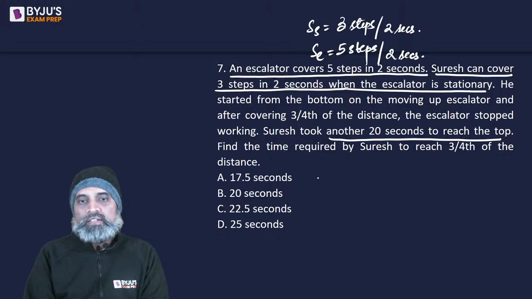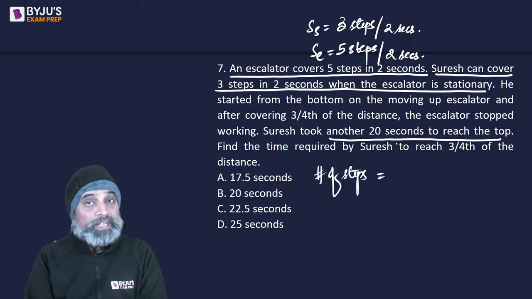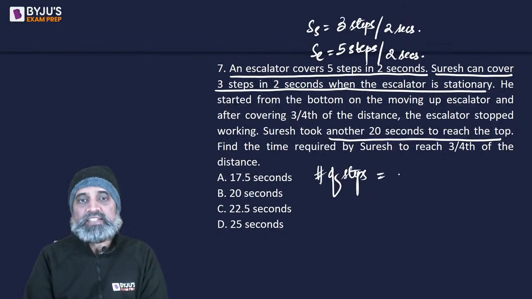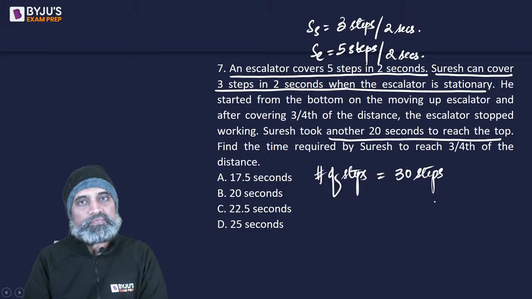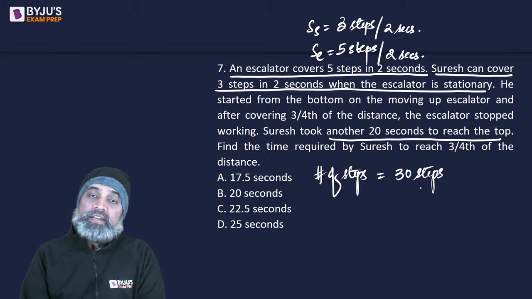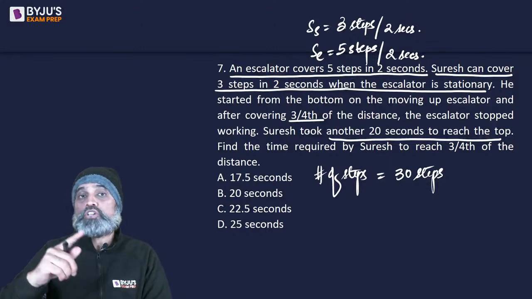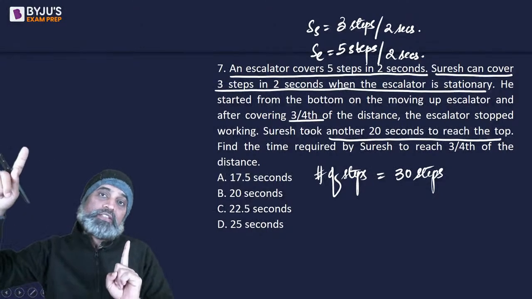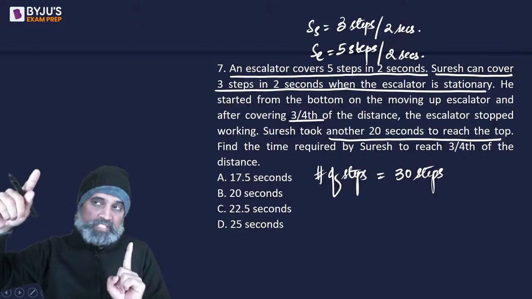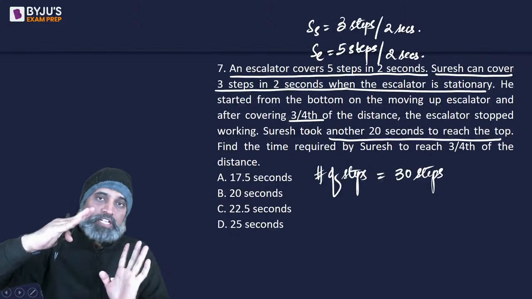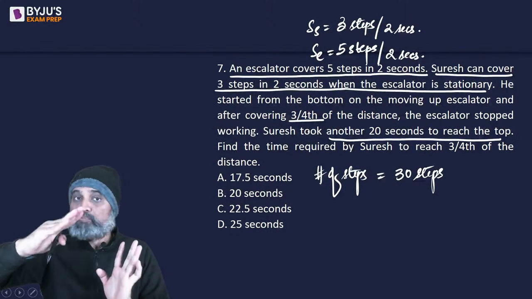Well, the number of steps that Suresh will cover in these 20 seconds will be, if he covers 3 steps in 2 seconds, then in 20 seconds Suresh will be able to cover 30 steps, right? Now, this is 1/4 of the distance, because out of the total number of steps on the escalator, for 3/4 it was Suresh and the escalator both moving.